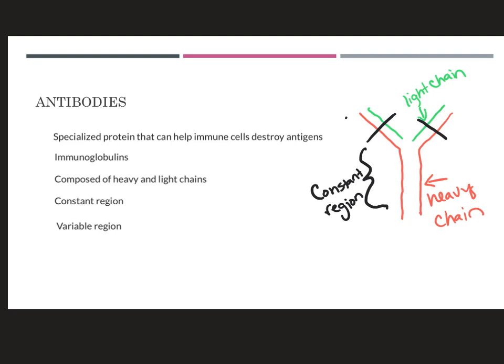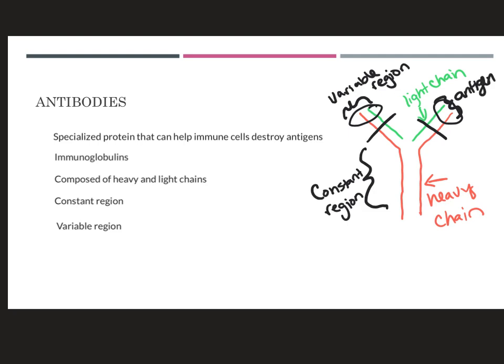The other region is the variable region, and that's the region on the top part of the antibody. And like its name implies, it is variable. So that means that this region will vary in what this region looks like. And that's really important because this variable region is also the antigen binding area. So this is where antigen will bind to.